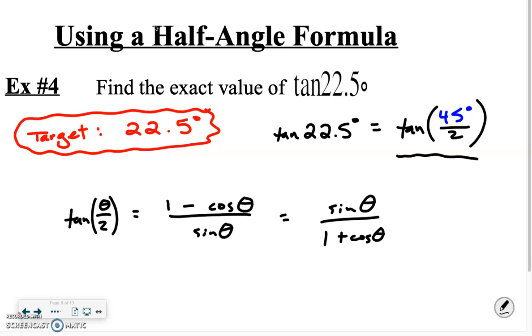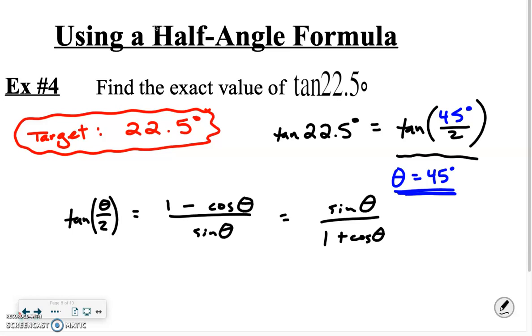Now, again, we do not have to use both of these formulas. We can use whichever one we would prefer. But everywhere that I see a theta, we're going to set this up to where theta is equal to 45 degrees. We know that this is going to be our substitution angle because that's the one that we know from the unit circle, and we can go to work.